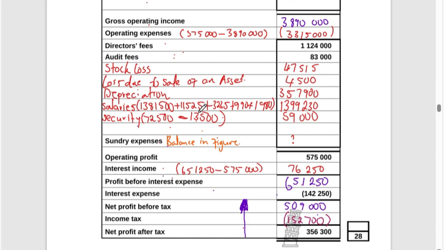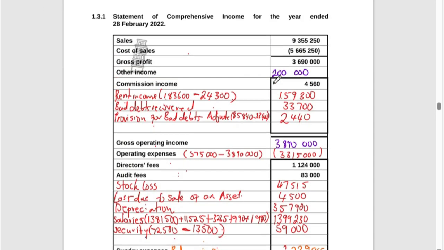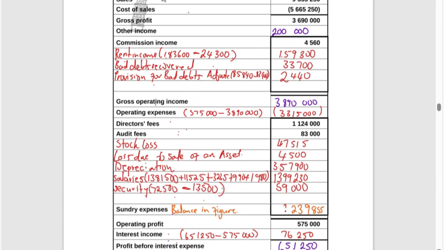The difference that we got for the balancing figure is 39,855. So guys, this is our complete income statement.